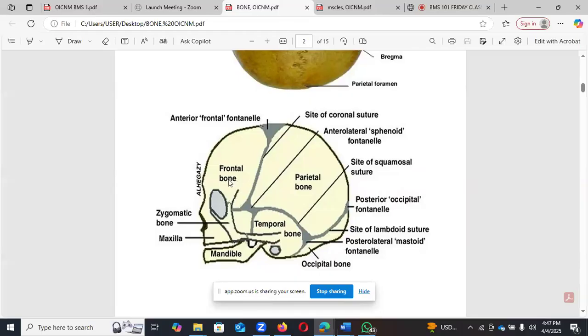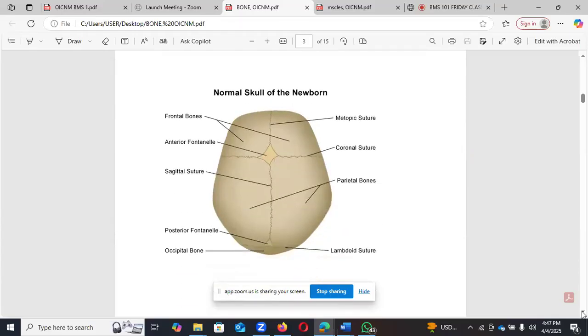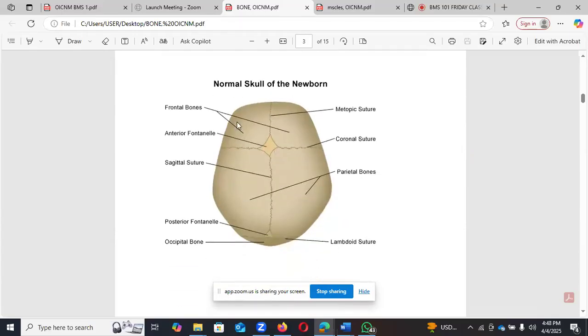Again, we have looked at the mandible, maxilla, zygomatic bone, frontal bone, parietal bone, temporal bone. These are the bones of the skull. Again, when you look at the skull of a newborn, this is the bregma I was talking about, which is the anterior fontanel. This is the posterior fontanel, which makes an angle. This is the sagittal suture.